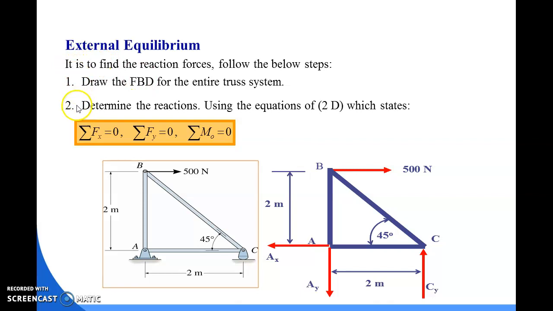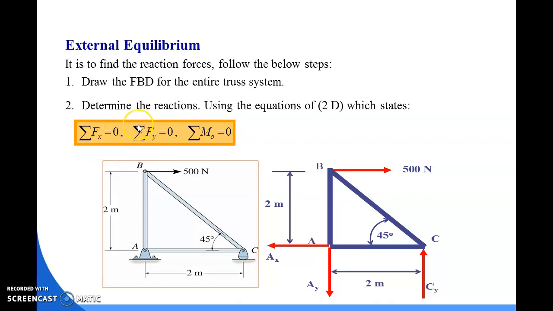Then in the second step, we have to determine the reactions by using the equations of 2D equilibrium condition. That means summation of Fx equal to 0, that is summation of all the horizontal forces is equal to 0.